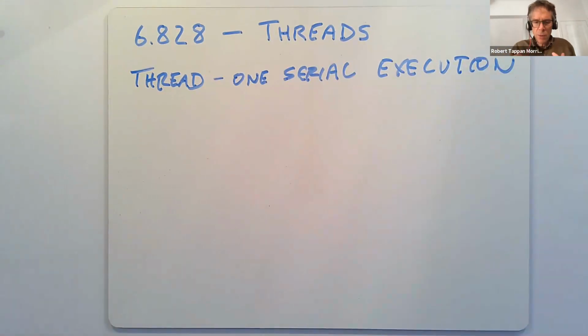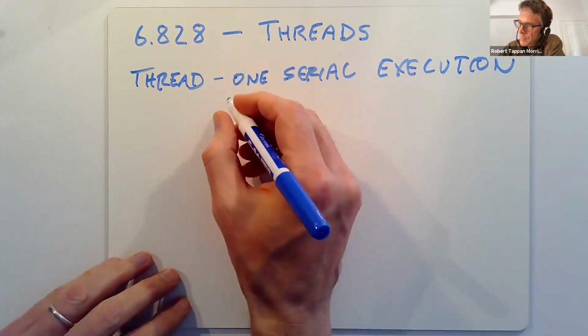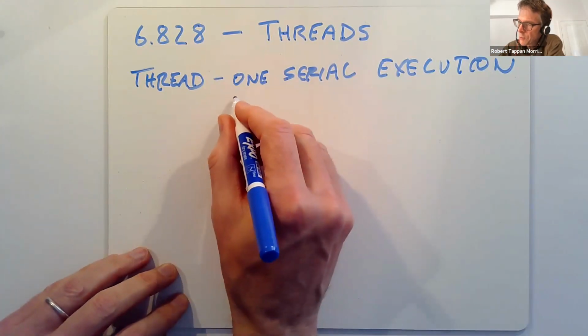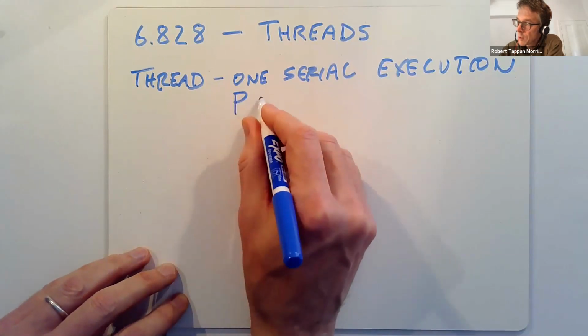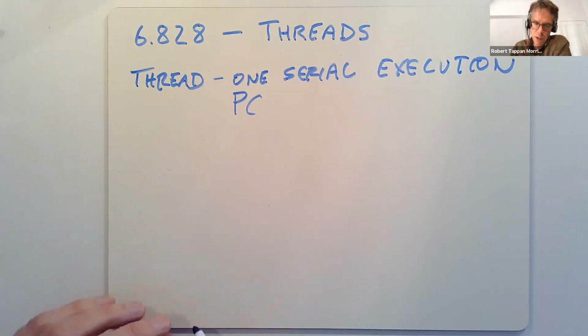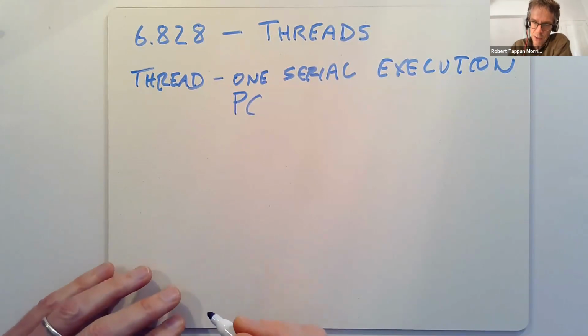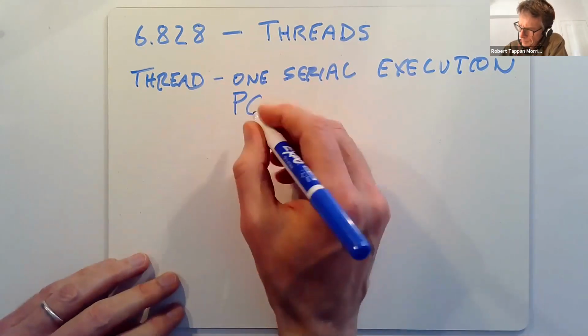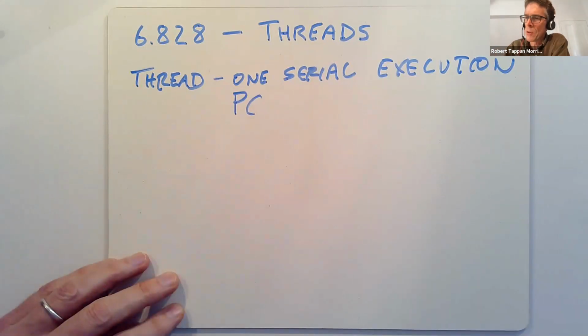We often talk about a thread having state because we're going to want to save away a thread's state and restore it later. The most important part of the thread state is perhaps its program counter. Because it's an execution, we care a lot about where it is in its execution and what address it is executing instructions at. But we also care about the rest of the microprocessor state that's required to support this execution.